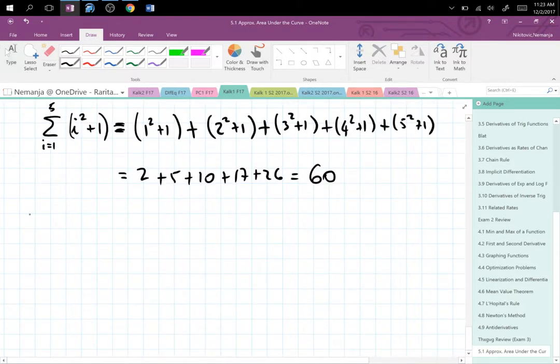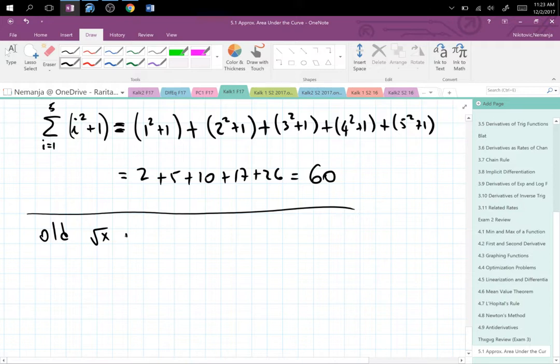So now, does this help our old problem with notation on 3 to 7? And the answer, yeah, it does.